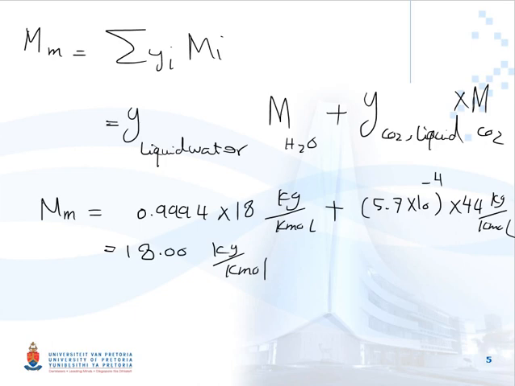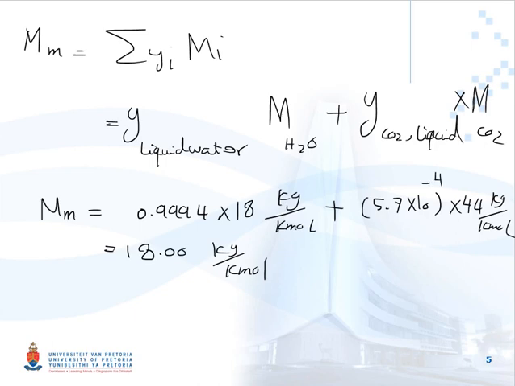If you don't calculate the molar mass of the mixture, even though the number is close, you can't claim, okay, I didn't calculate, but my number is 18, the same as water, so why didn't I get any mark? No, because you missed a very important step. Even though the final answer is very close, you need to calculate it. Okay, so now we have the molar mass of the mixture.